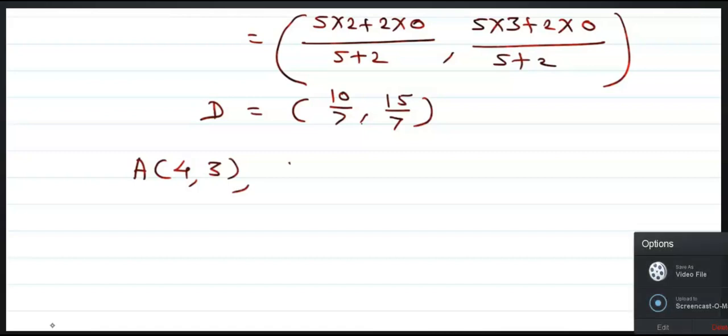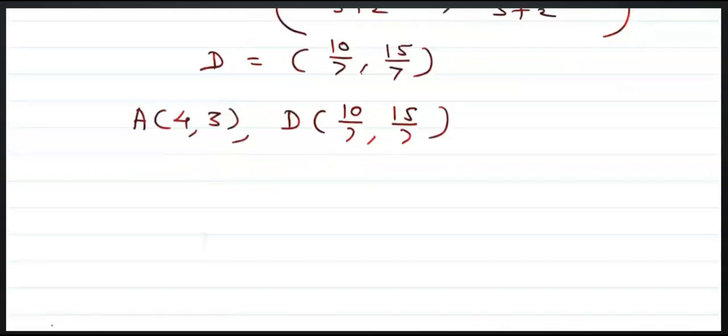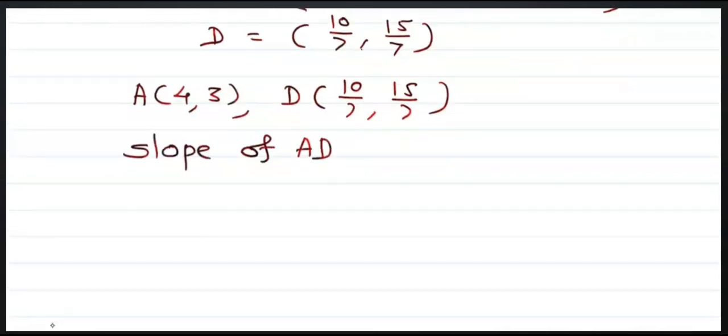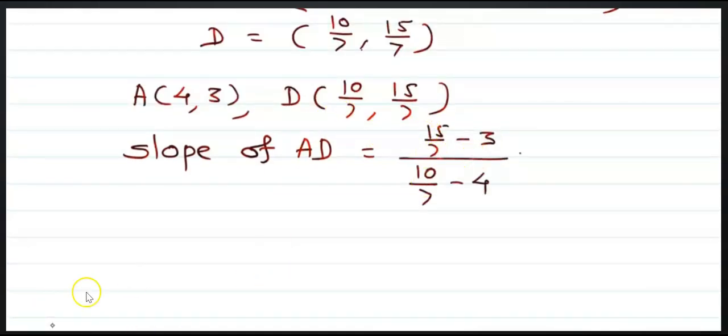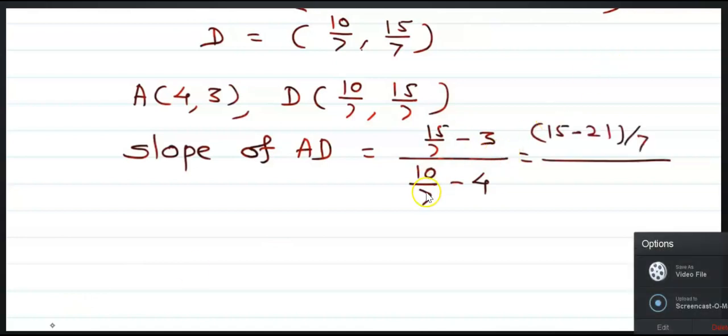Now next is A, that is (4, 3), and the point D, whose coordinate is (10 upon 7, 15 upon 7). Now to find the slope, that is (15 upon 7 minus 3) upon (10 upon 7 minus 4).